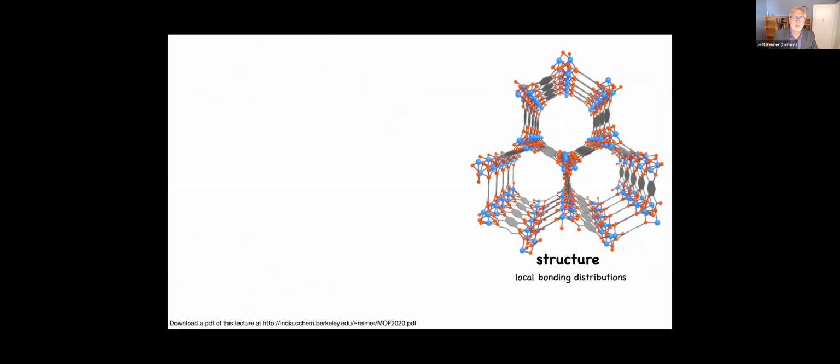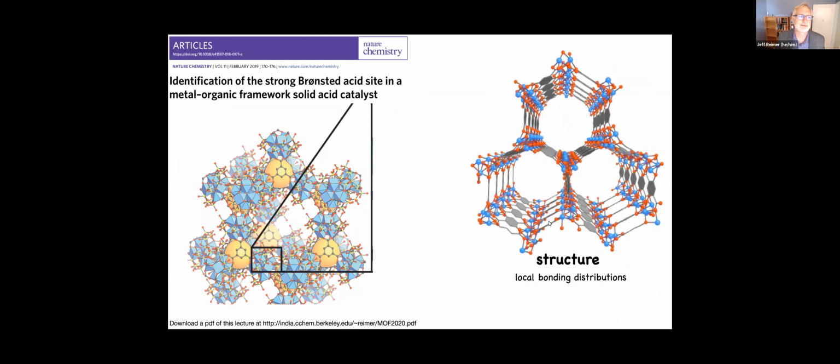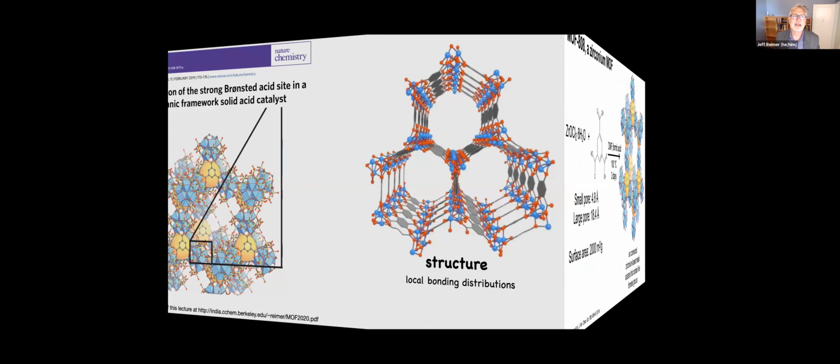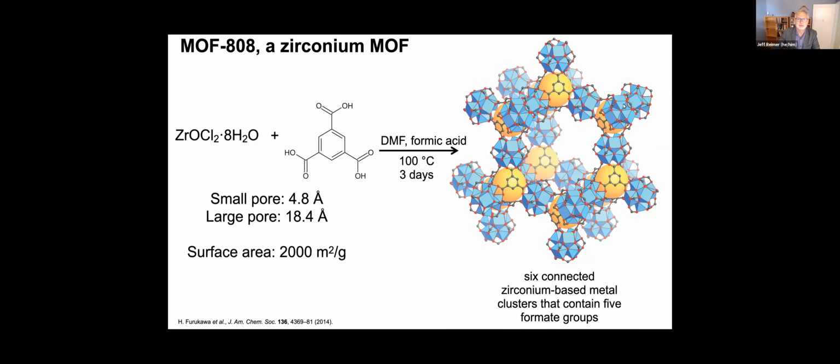In my particular case, we are interested in discerning the structure and local environment of a catalytic site. And in particular, we want to know where is the action happening from a chemistry point of view. So we're going to start with MOF-808. It's a zirconium-based MOF whose structure is shown here in this particular slide. And it has a reasonably good surface area, a couple of square kilometers per gram. And as you probably know, this MOF is very, very stable.